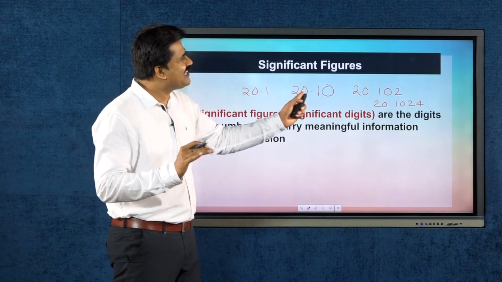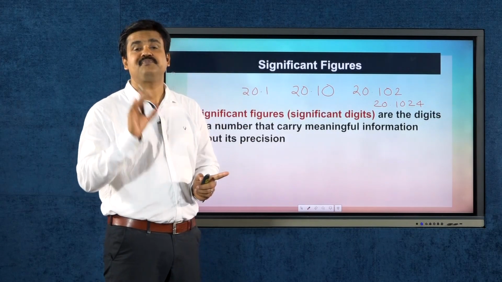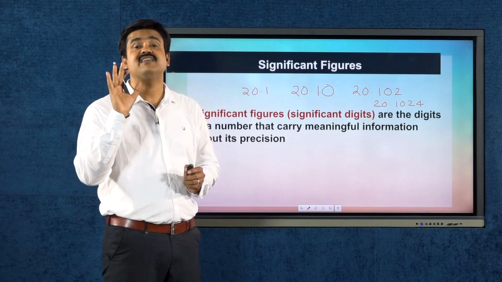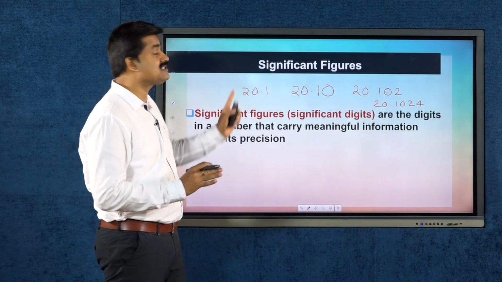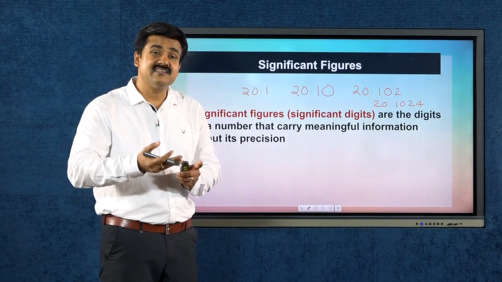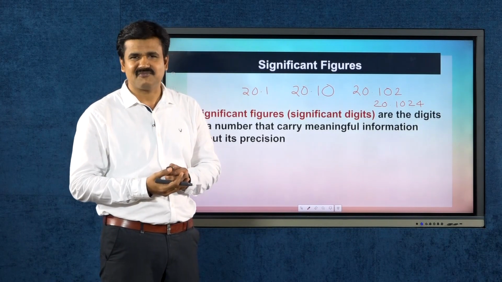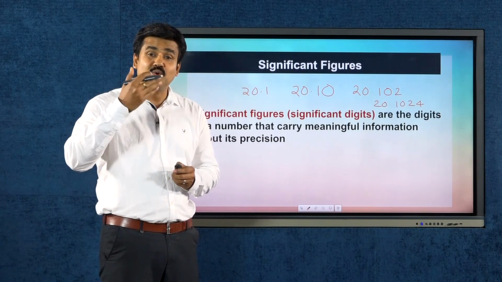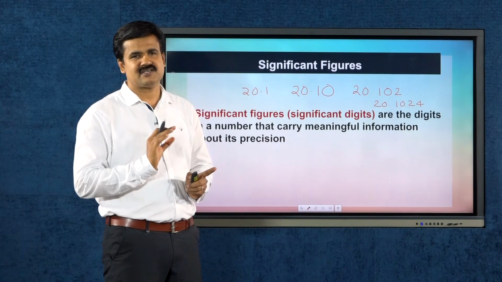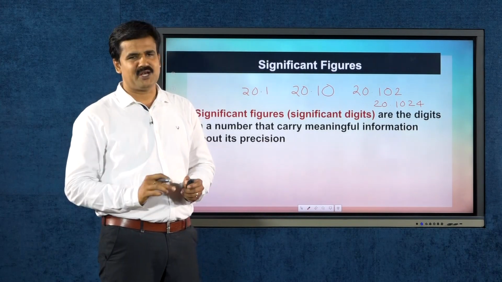So, in the last measurement, there are 6 significant figures or significant digits. However, in the first case, there are only 3 significant digits. So, with the increased number of significant figures, you will get more meaningful information about its precision, about the precise value.